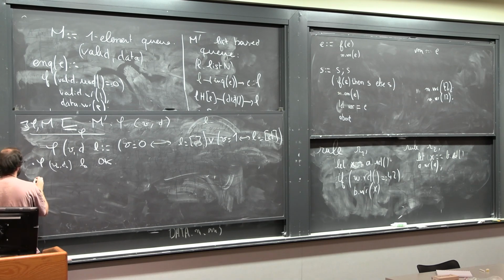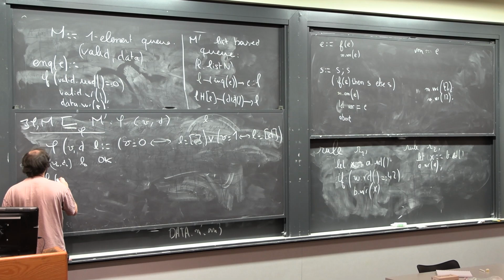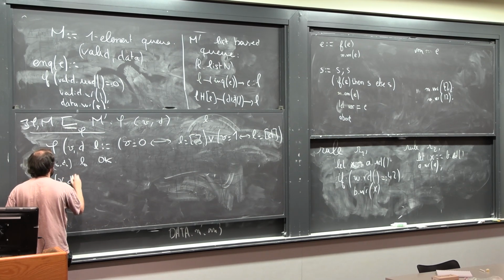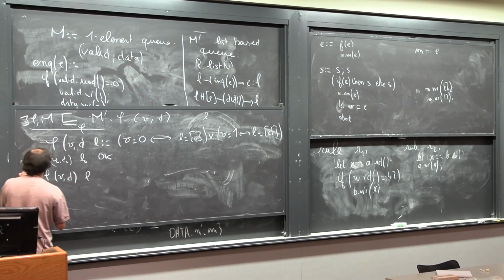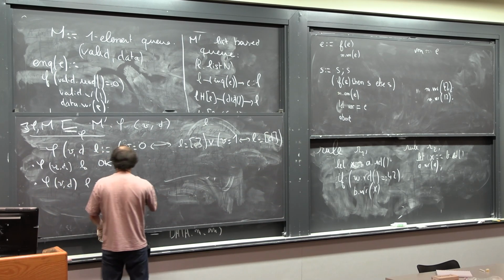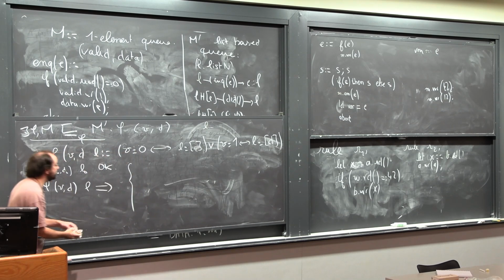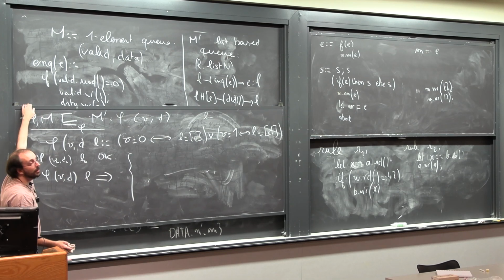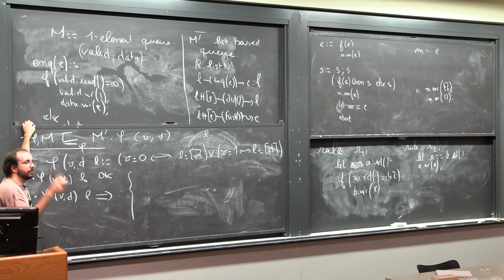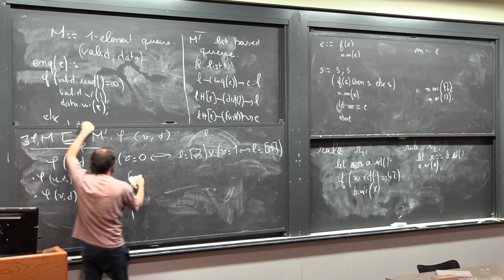We had not even said what it was, but let's say that we had said it and it was okay. And then let's assume that phi of V, D, L holds, and we want to prove that if we were to do one step, we have multiple obligations. First, if we were to do one NQ step or one DQ step, we have to prove that it's preserved by all rules. That's easy because there are no rules in that system. But then we have to prove that it's preserved by every action method, and we have two action methods. So we have two sub-goals.